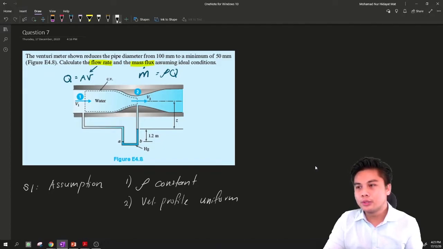So the pressure will drop, the velocity will increase. So in order to measure the pressure at 1, we follow this attached tube, U-tube, alright. Here we have a different fluid. This is mercury, and this is point A and point B.